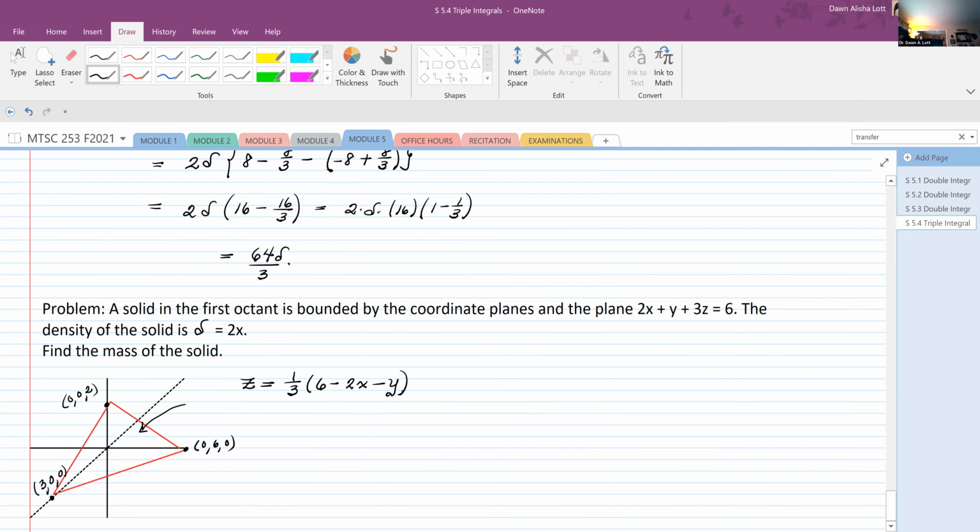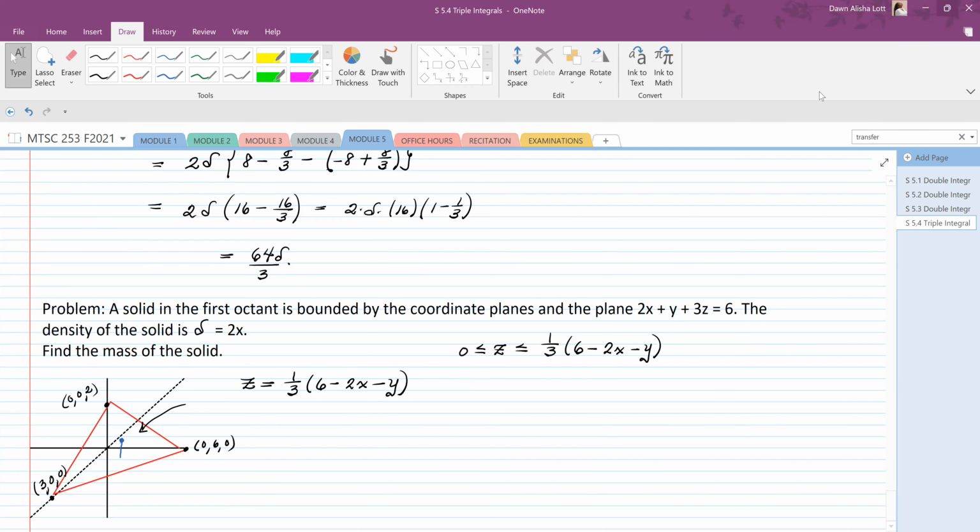So that's the top, that's where z goes to. z is going to start at the bottom on the plane and go up until it hits the plane. So it starts on the ground, so z goes from 0 to 1/3 (6 minus 2x minus y).